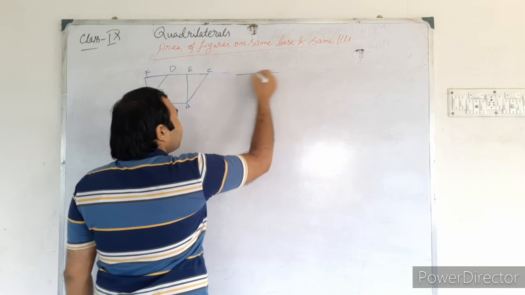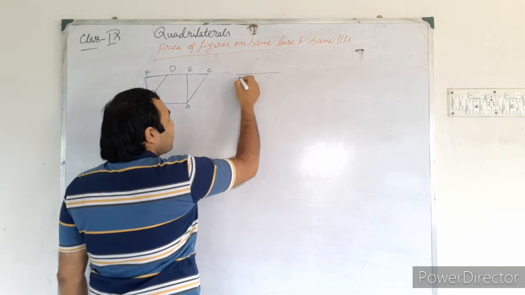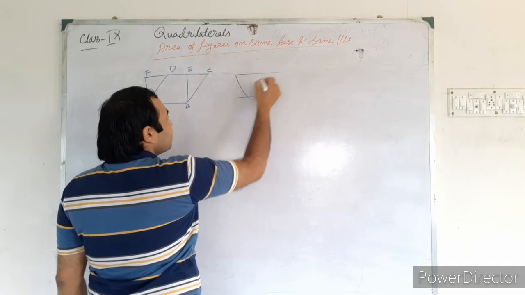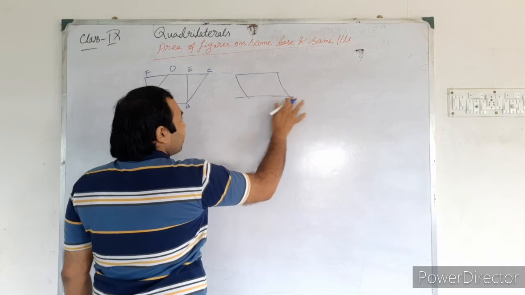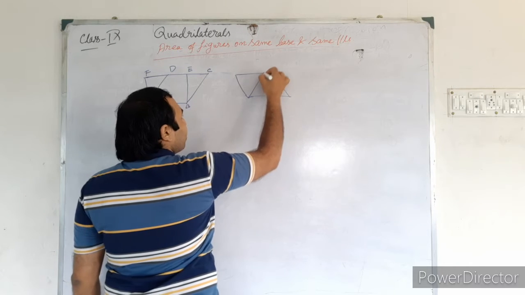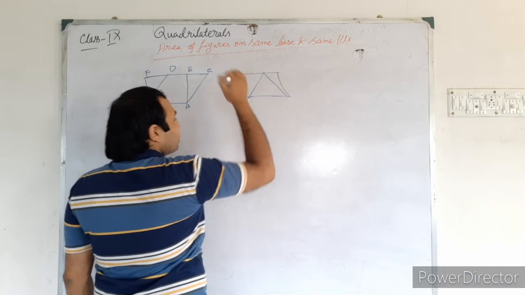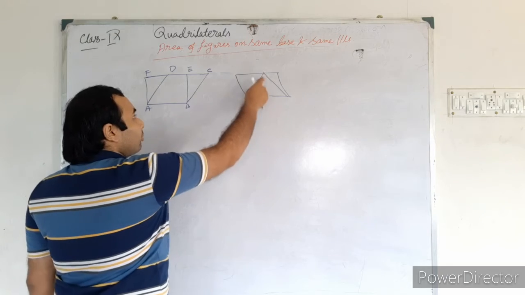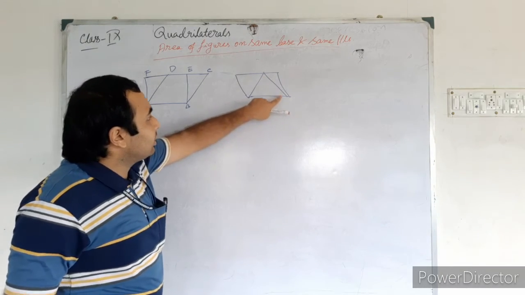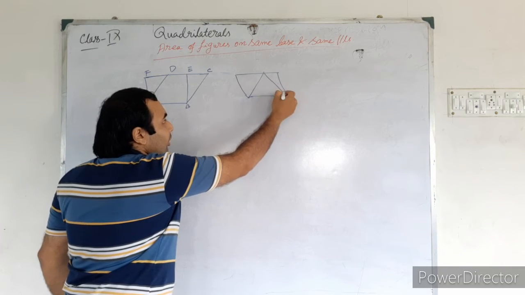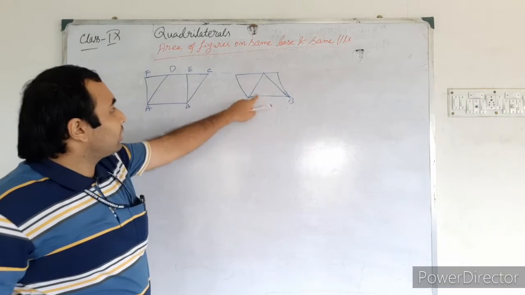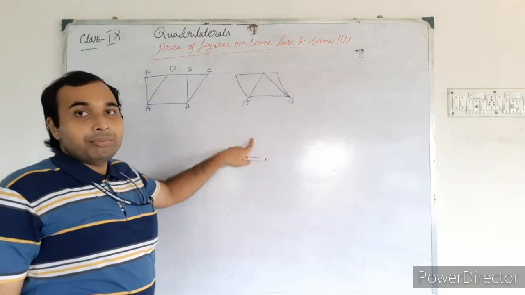Another figure we can draw here: this is one parallelogram, and if we draw this triangle, both are at the same base AB and also in between the same parallels.